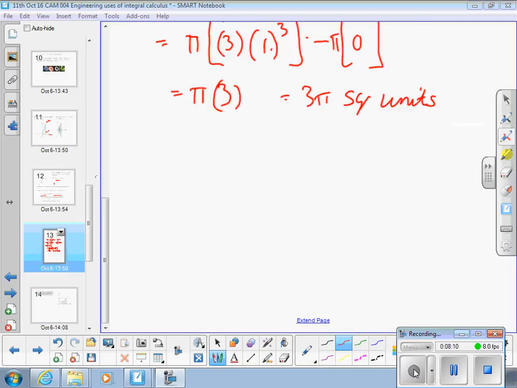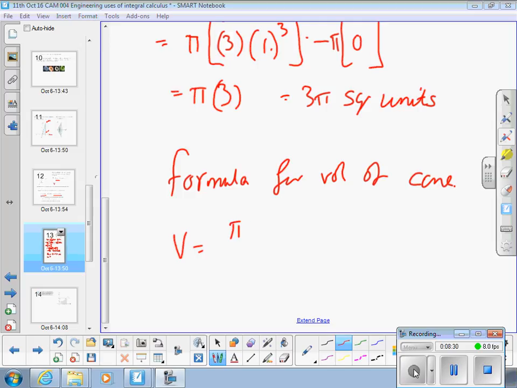The formula for the volume of a cone is V is equal to pi r squared h over 3.